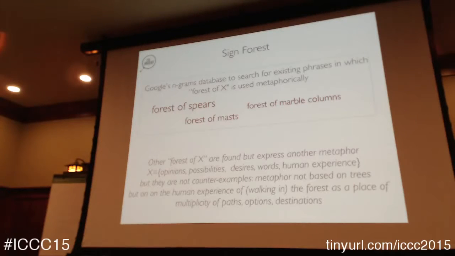We eliminated everything except the ones that use this forest of metaphorically, and we find, in addition to forest of signs that also appears, we have forest of spears, forest of masts, a forest of marble columns. Both masts and columns, they are fixed to the ground. Spears, they are not fixed to the ground, but maybe you think about Spartan warriors in formation with the spear in which they do not move. So it's not so different from the ones we had.